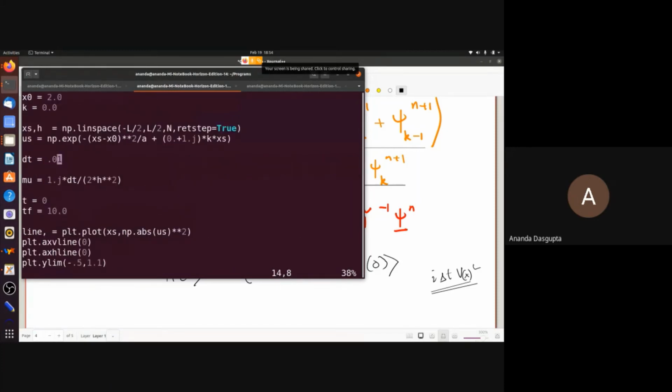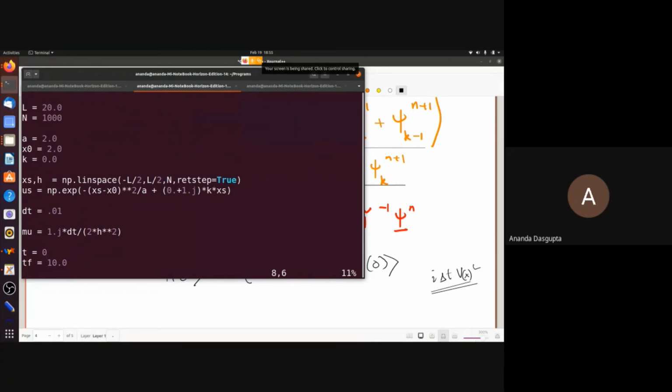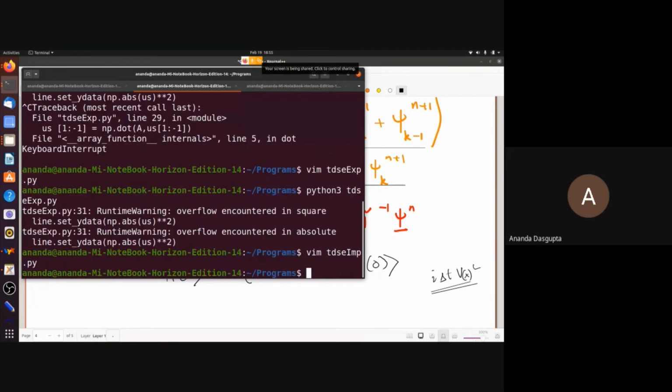Now, I've deliberately chosen a much bigger value of dt here, 0.01, to make things faster. And this will be okay. Let me just start with this. So I'm starting with a Gaussian centered at the origin, and there's a harmonic oscillator potential.